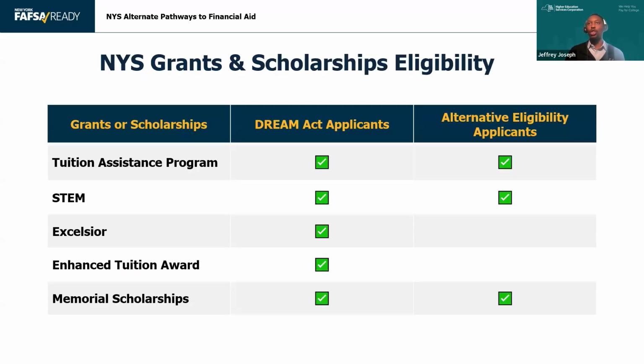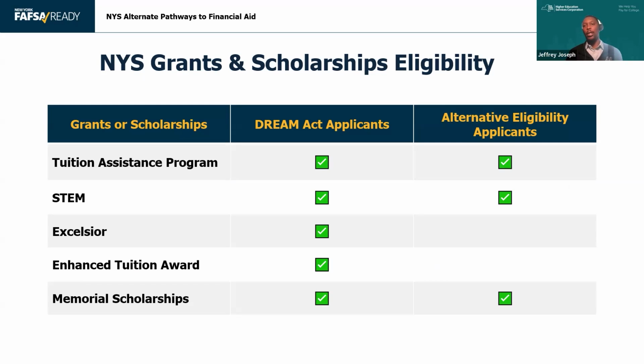Now, I did mention that there's some aid that these students are not eligible for. Students who apply through the DREAM Act are eligible for TAP, STEM, Excelsior, Enhanced Tuition Award, and a Memorial Scholarship. So they're able to get all New York State programs, or at least apply for them. Now, if they apply through the alternate eligibility application, those students are not eligible for Excelsior or ETA.